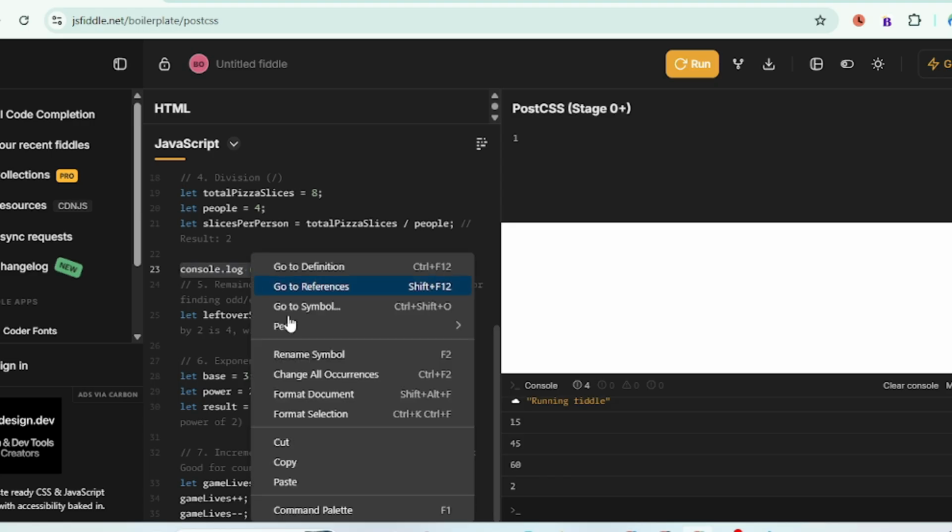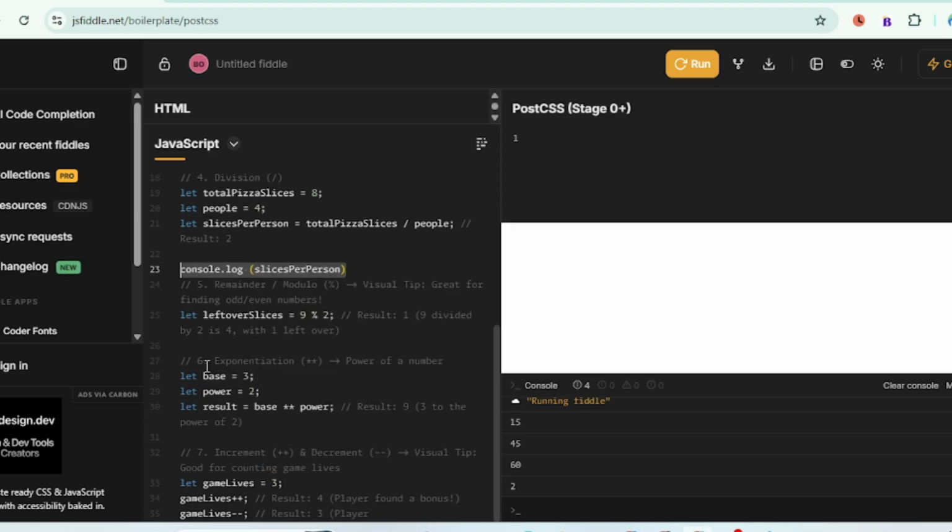So this basically gives you the leftover values. Let's say we want to divide 9 by 2, it gives us the remainder. This one gives us the actual result of what we divided, but this one gives us the leftover. So 2 can't divide 9 evenly because it's an odd number.